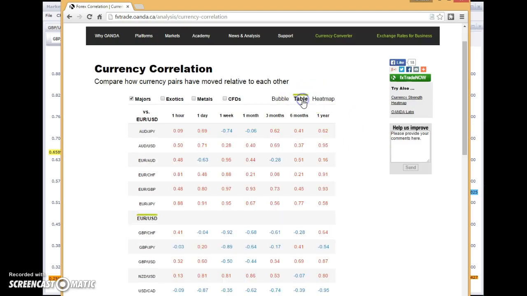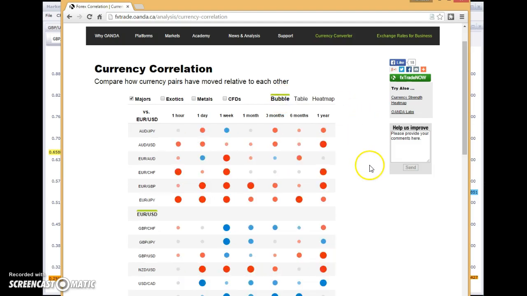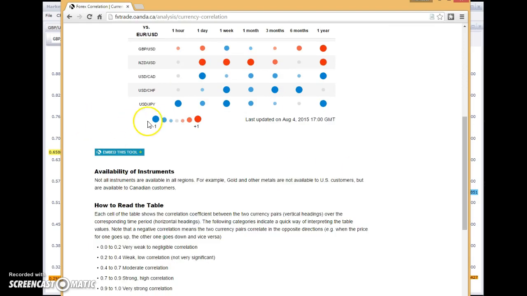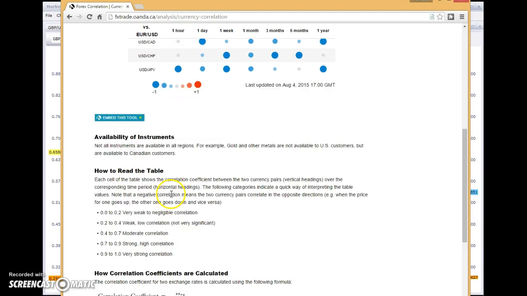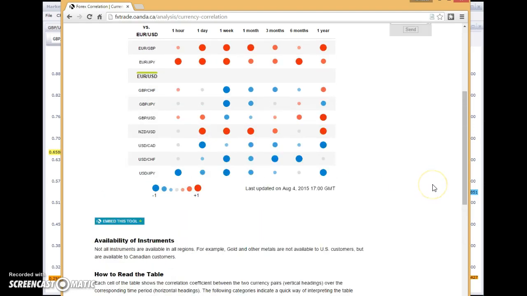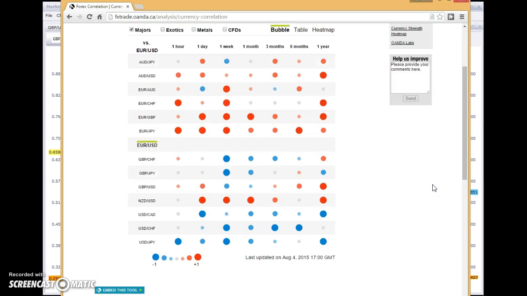There's a heat map, a table with the numbers 0 to 1, and then the bubble, if you like. Now the bubble gives you the legend, which is -1 and +1. Okay, so you have the correlations calculated from negative to positive.